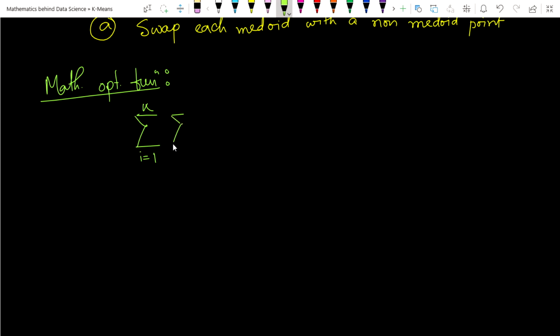Now this summation is over the number of points in each cluster, and these are the squared distances from our Medoids. We did these things in the math to formulate the mathematical objective function.